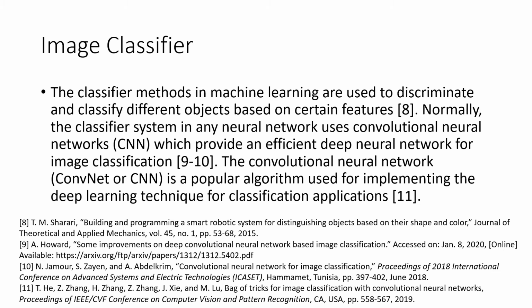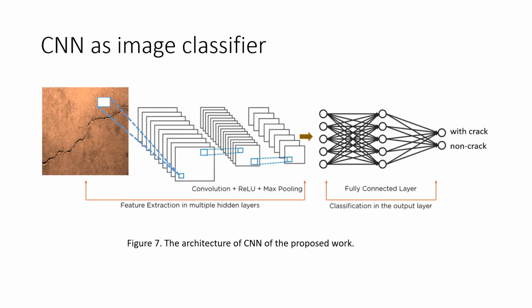It provides an efficient deep neural network for image classification. The convolutional neural network, or ConvNet or CNN, is a popular algorithm used for implementing deep learning techniques for classification applications. So this is one sample of CNN as image classifier that we use in our proposed paper.